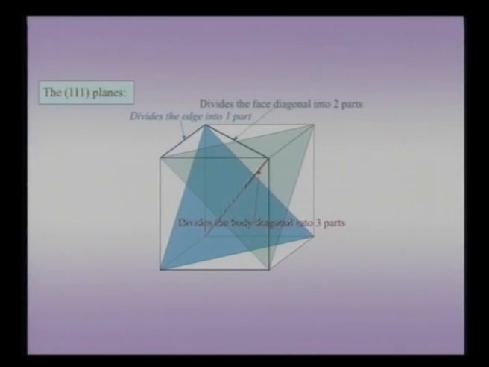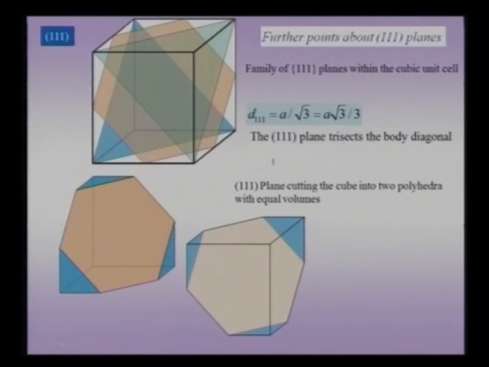Maybe that is shown in one of the slides coming up. Let me see, yeah, here. If I have a body diagonal of the cube, the 111 plane divides the body diagonal into 3 parts, and this is important, because the 111 planes which trisect the body diagonal are the blue plane and the green plane. That means the orange plane, truly speaking, does not belong to the same set.